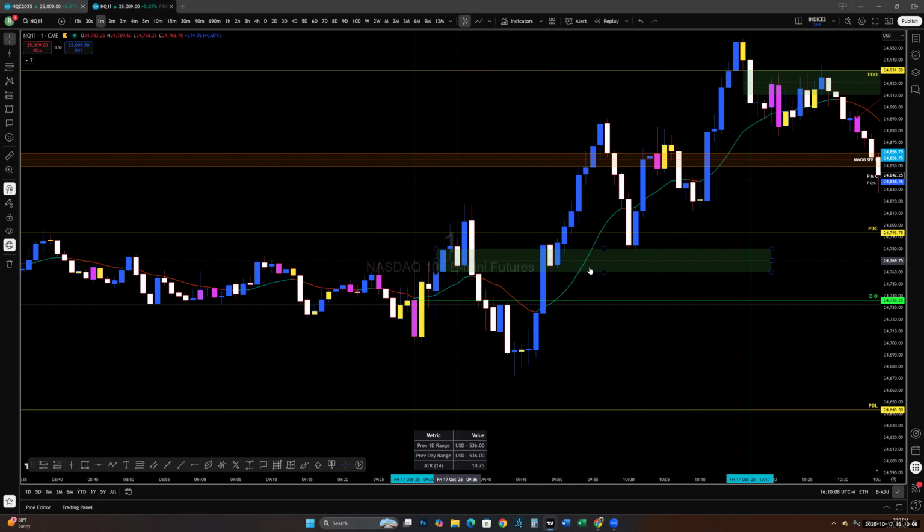So this is a very important level that if price goes down or goes up, it's gonna use this as a magnet all the time. Why? I don't know. But this is what I've learned through a couple years studying the 1 minute chart.